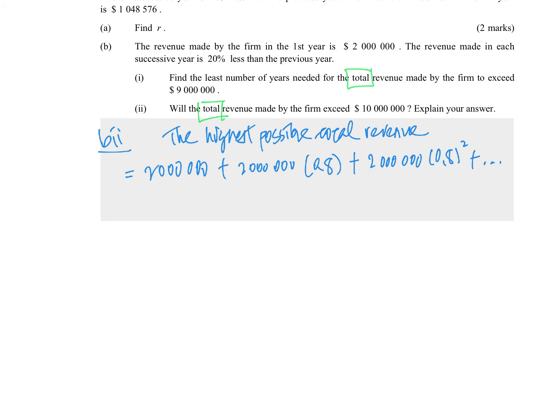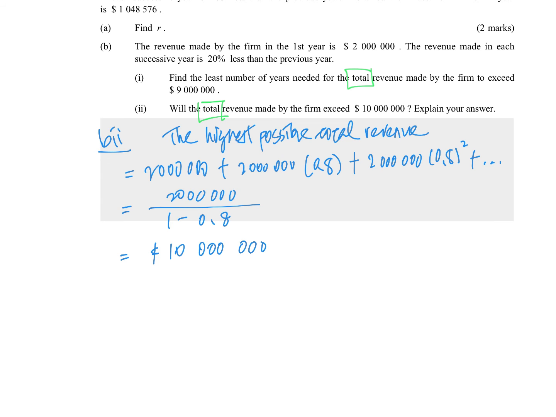So that would be the infinite sum, or you may say the sum to infinity. And then we'll make use of the sum to infinity formula, a over 1 minus r. And then the sum to infinity will be exactly equal to 10 million.